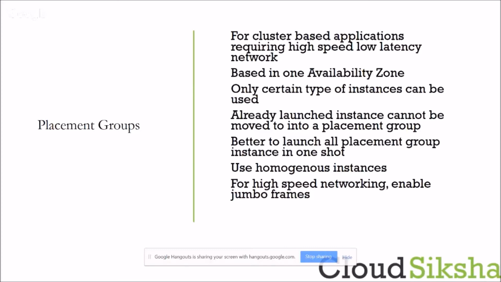So launch 4 instances at the same time into the placement group and use homogeneous instances. That means if you're using a particular instance type, let all the 4 be the same instance type. And all the 4, of course, we expect to have about 10 Gbps networking.